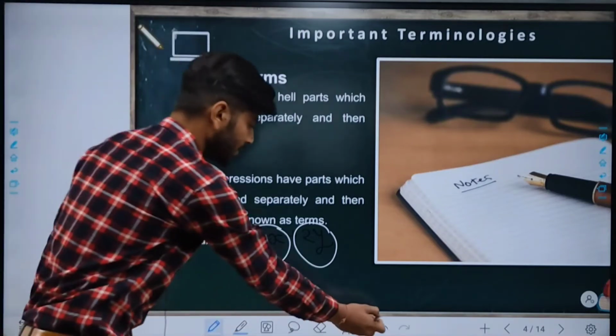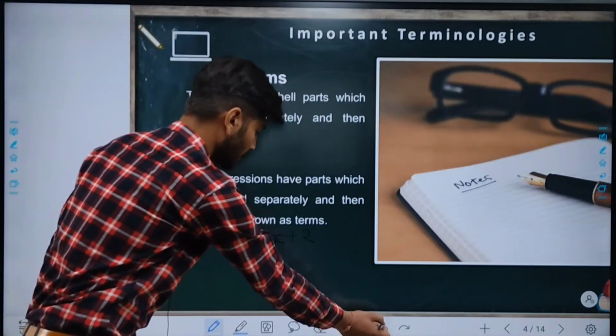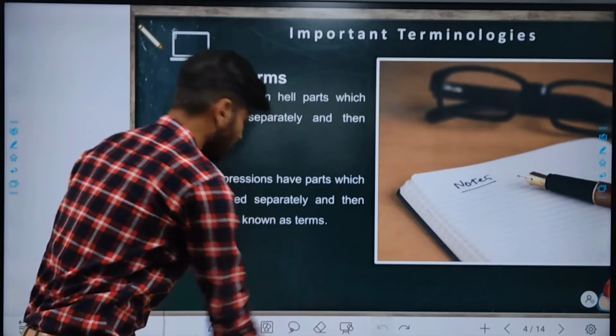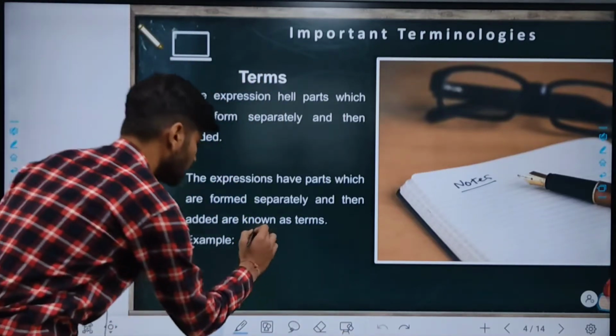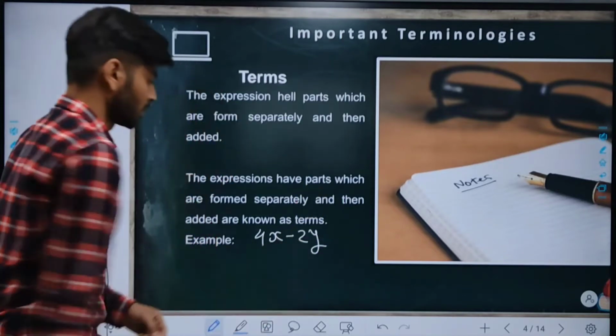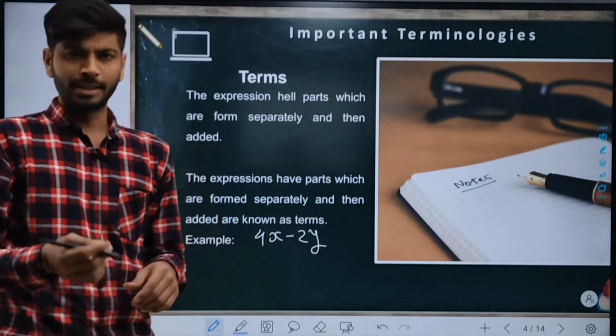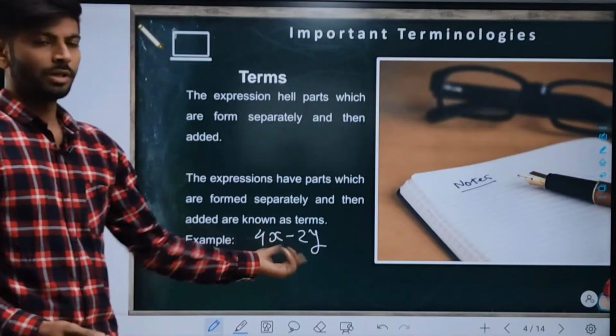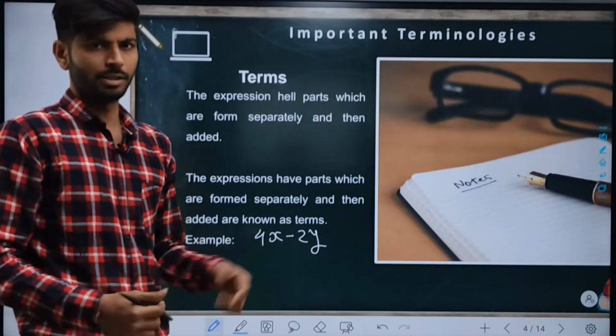Okay, remember that it is said that which are added. So let's take one more example. Say 4x minus 2y. So you will say in this expression nothing is added, it is subtracted.